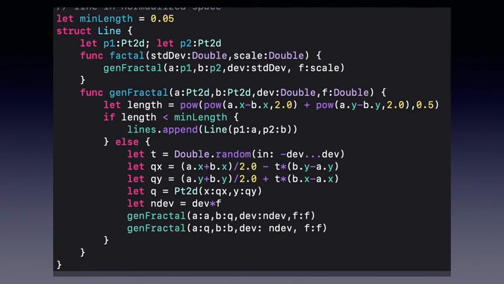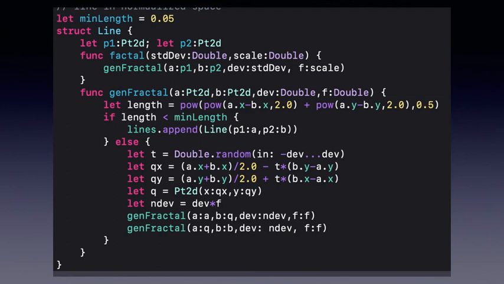Now I have a constant which defines the shortest length, and that's based on not wanting to recurse too deep and still get a reasonable visual effect. So if the length is less than the min length, then I simply just add the current line to the lines array. And this is where the recursion stops.